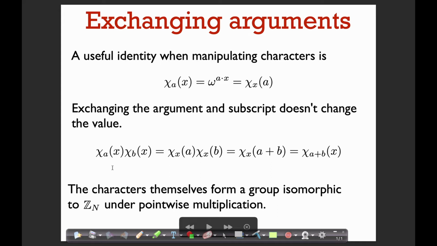So this tells us that chi a of x times chi b of x is actually equal to chi of a plus b evaluated at x. So this says that the characters themselves under the operation of pointwise multiplication form a group that's isomorphic to Zn.